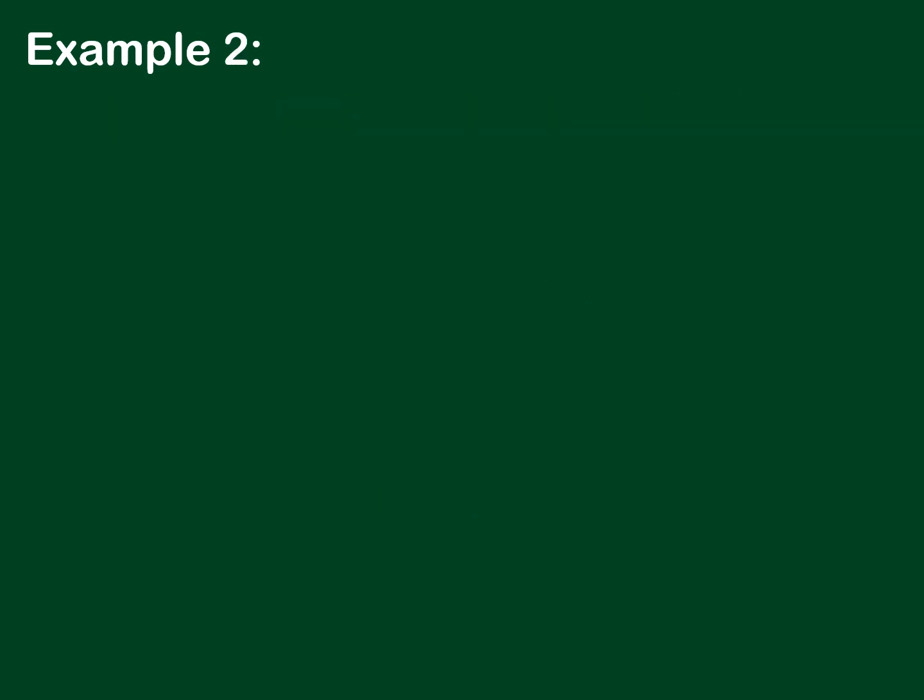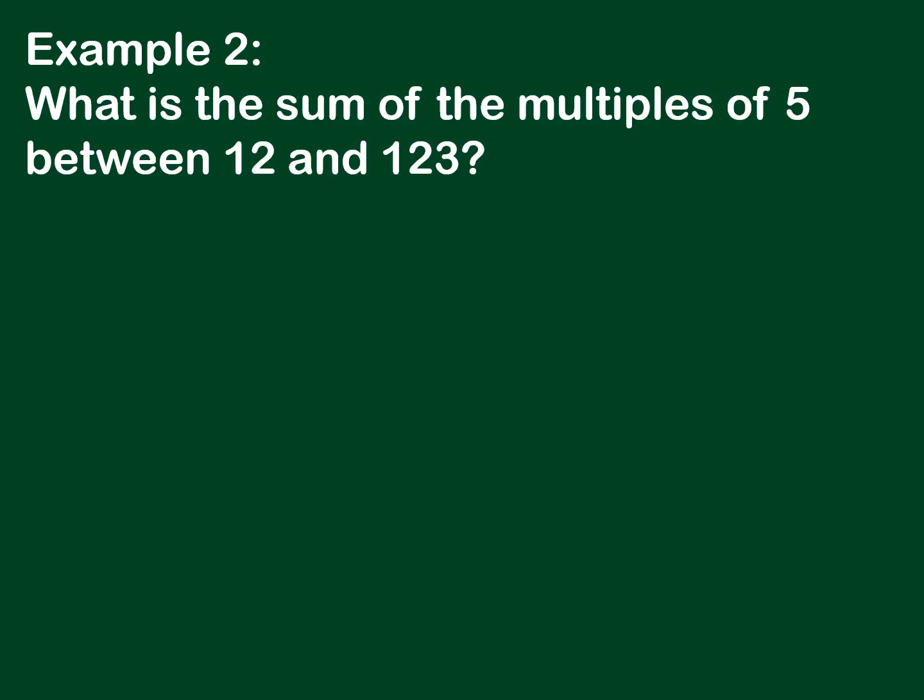Let's have example number 2. What is the sum of the multiples of 5 between 12 and 123? So for step 1, we're going to determine the first term, which is a sub 1. Since 12 is not a multiple of 5, we're going to determine a number which is a multiple of 5 and greater than 12, and that is 15.